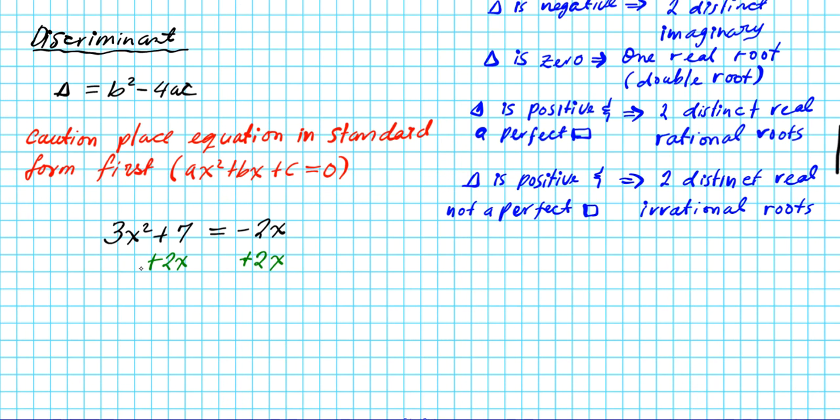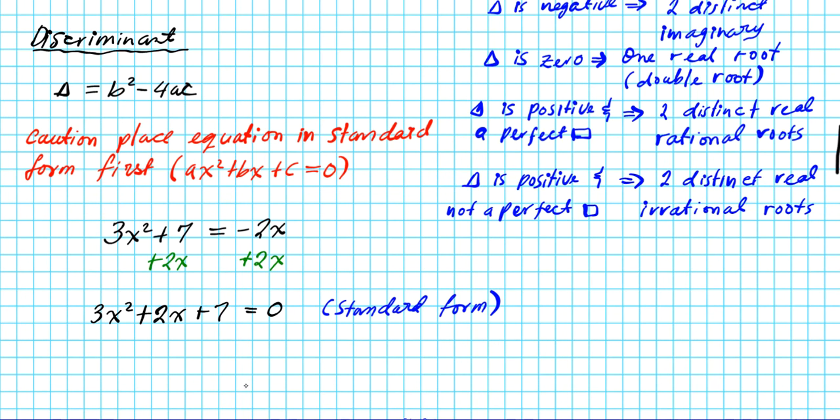Okay, so we have 3x squared plus 2x plus 7 equals 0. So this, ladies and gentlemen, is the standard form that we're talking about. Okay, the beauty of the standard form is that it enables us to determine what a, b, and c are.